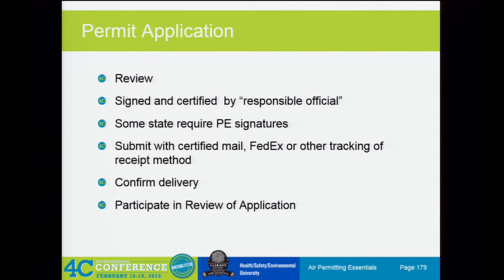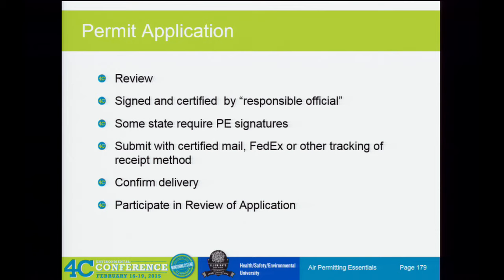And then, depending on the application, you can hand deliver, but send it certified some way so that you know when it got there and have a return receipt. So Texas operates by the mailbox rule, which means that the agency received it on the day it is postmarked.